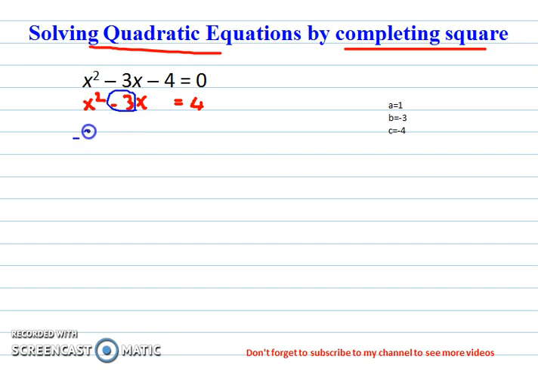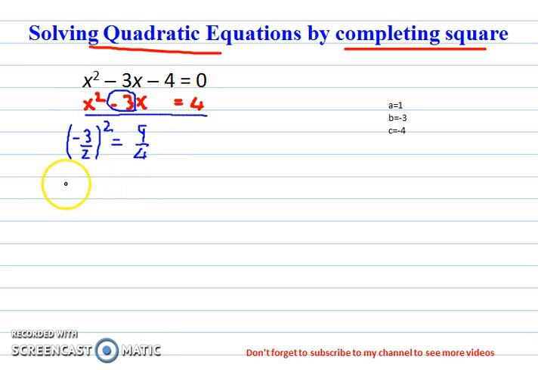So negative 3 over 2, raised to power 2, is equal to 9 over 4. Now, the method says we need to take half of the coefficient of x and raise it to power 2. Then we go back to our equation and add this new term to both sides of the equation.